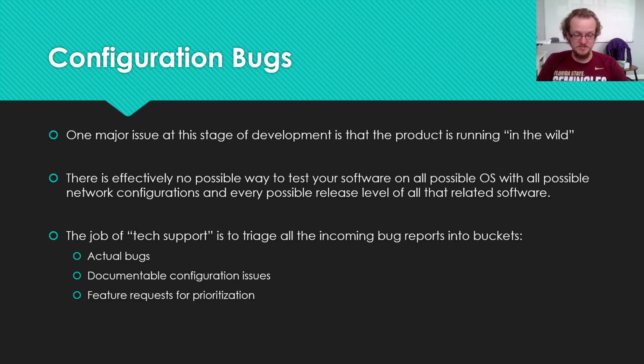Second, documentable configuration issues, so if you're working on a 32-bit machine, this application won't work, that kind of stuff. Third, feature requests that need to go to management, or an architect, or a product manager for prioritization and then scheduling in an upcoming sprint or release.